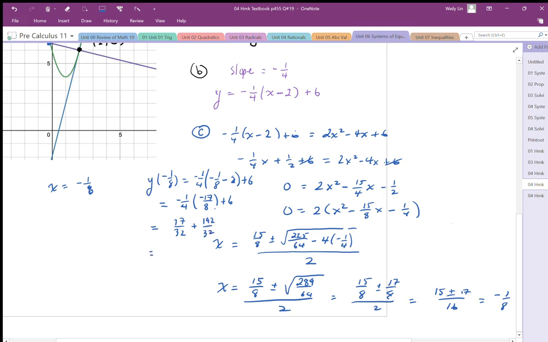So this becomes 209 over 32, which is about 6.5. We'll just round that to 6.53. Okay, so y equals 6.53.